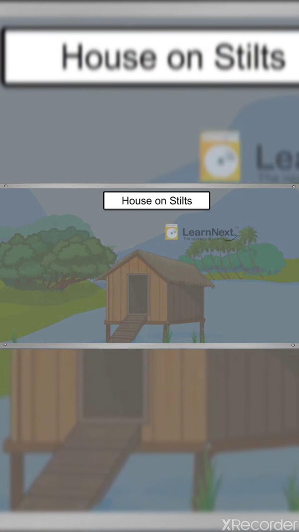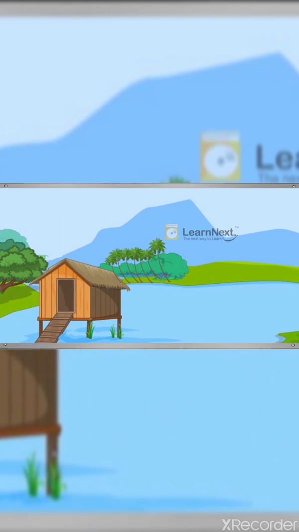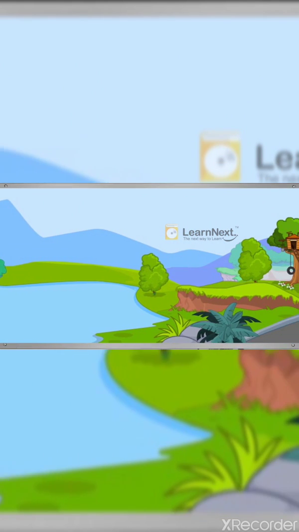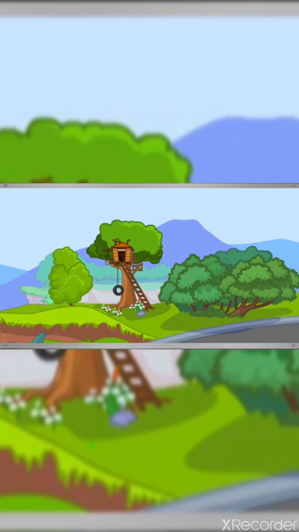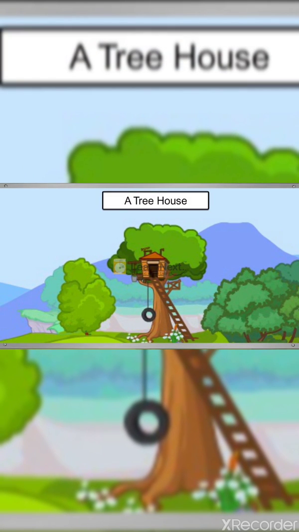These stilts supported the house and kept it high above the water. Some people liked trees so much that they made houses inside the trees. These houses are known as tree houses, and they are made of bamboo and leaves.